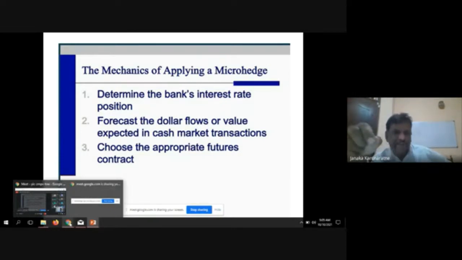Now, cash market, what happened? We discussed earlier. If the interest rate rises, price will... what happened? Few minutes ago you told the risk is this.